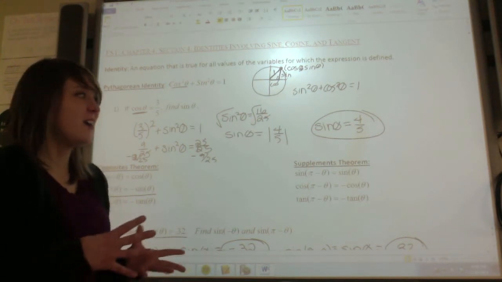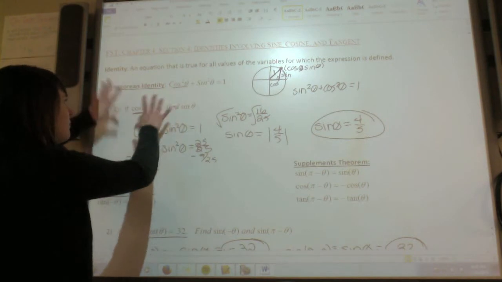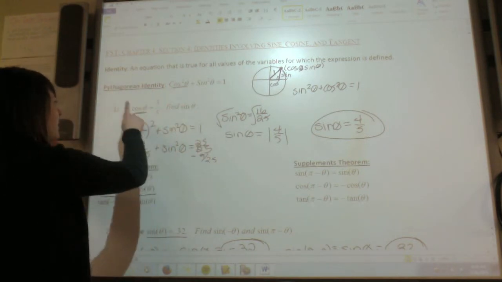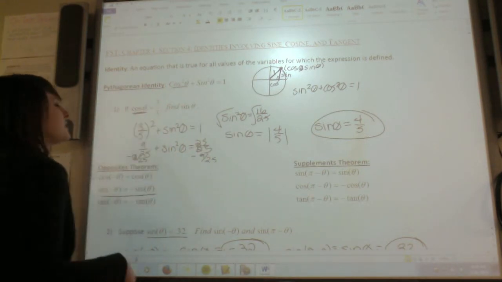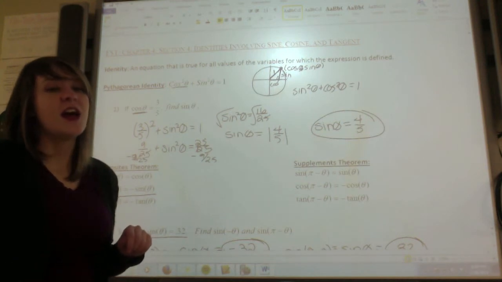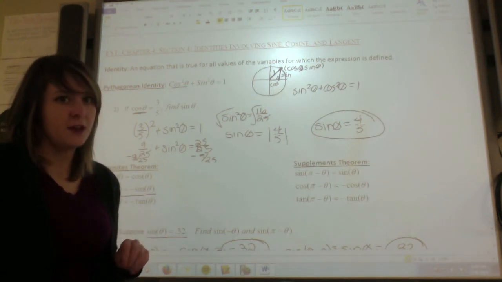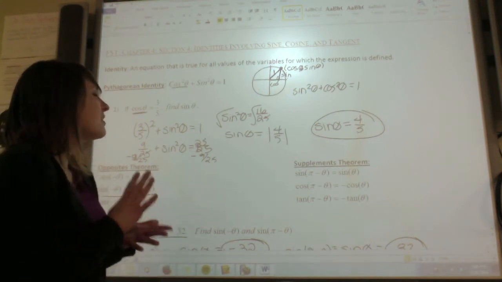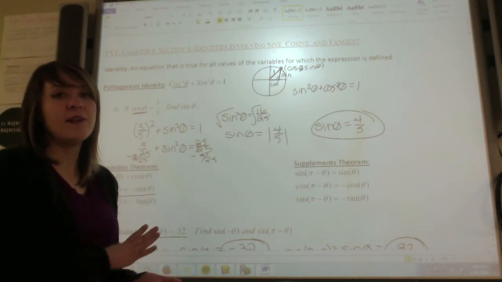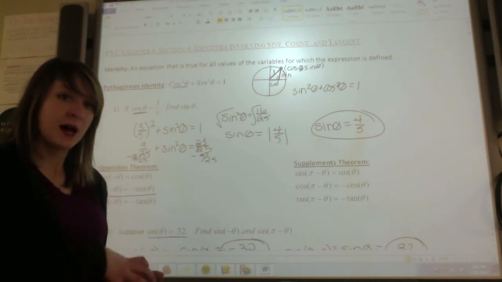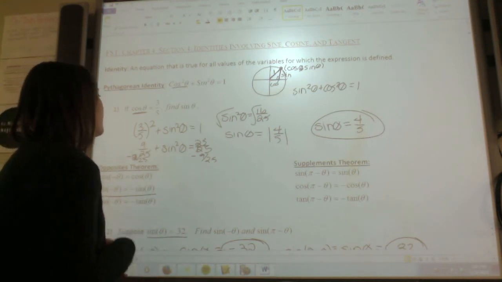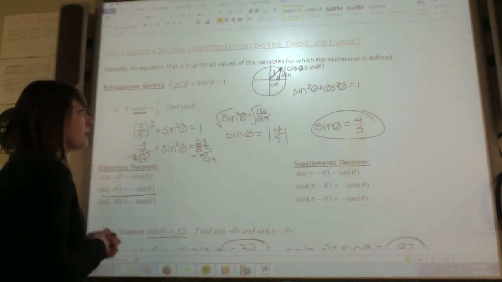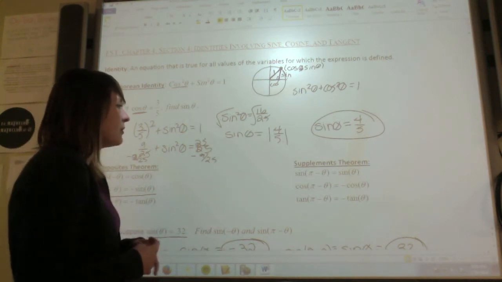If I give you something like cosine of theta equals 3/5, that's not the same thing as theta equals 3/5. They're very, very different, so you cannot just replace theta with that number. You have to replace the whole thing, the cosine of theta, with that number in order for it to be accurate.